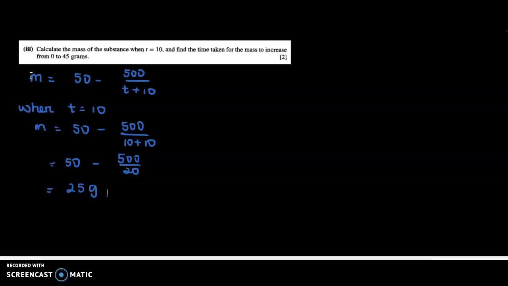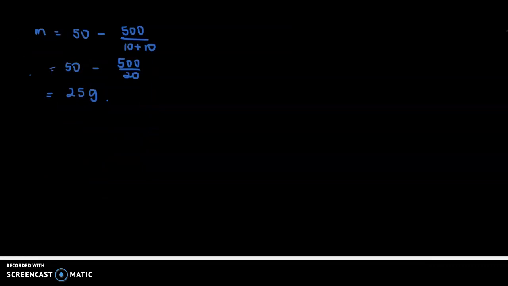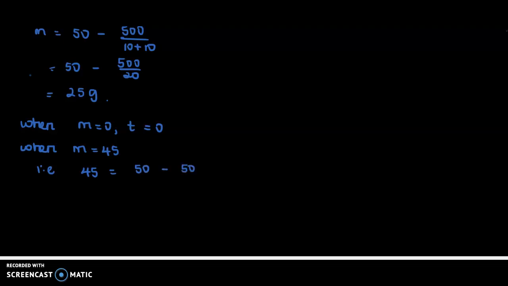So now we have to find the time taken for the mass to increase from 0 to 45 grams. So initially, when m is 0, t is equal to 0. So let's now find when m is equal to 45. So 45 is equal to 50 minus 500 all over t plus 10.